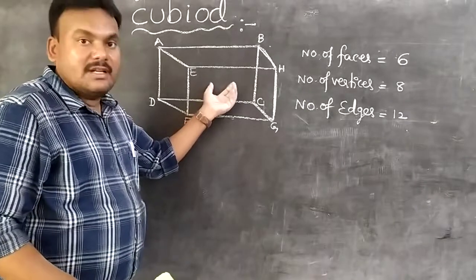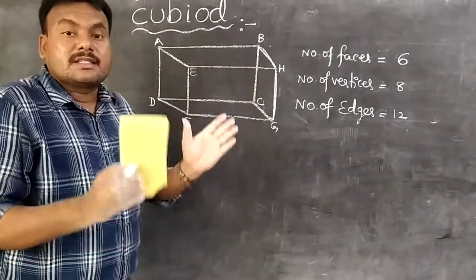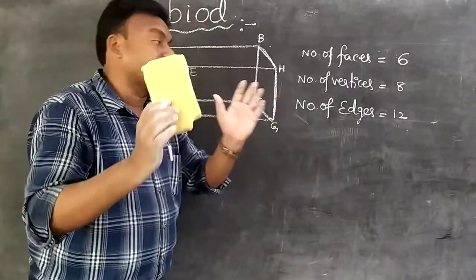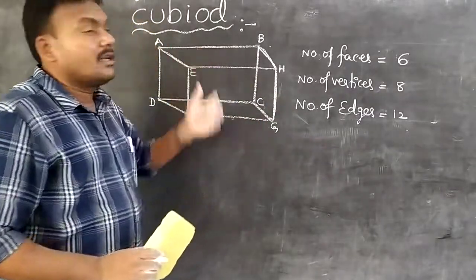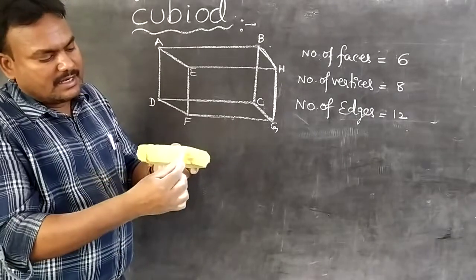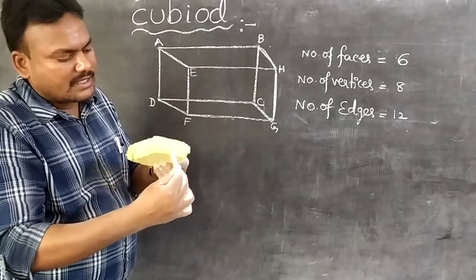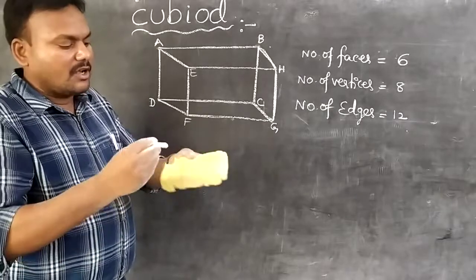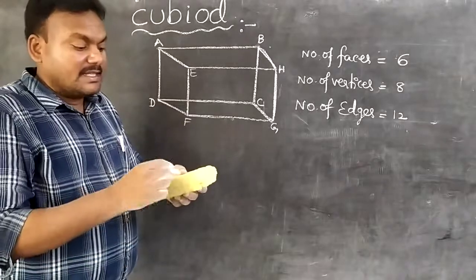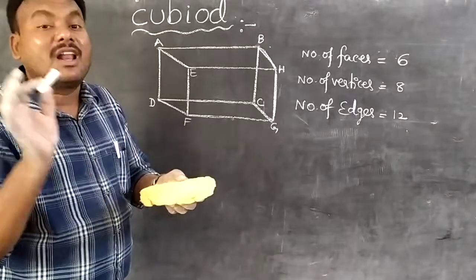Diagram after the definition, students. A solid figure which has 6 rectangular faces is called a cuboid. Observe the duster. Here this is a rectangle and the back side is a rectangle. Here also a rectangle, and the top also. Here also a rectangle and the back side also a rectangle. All 6 are rectangular but not equal.